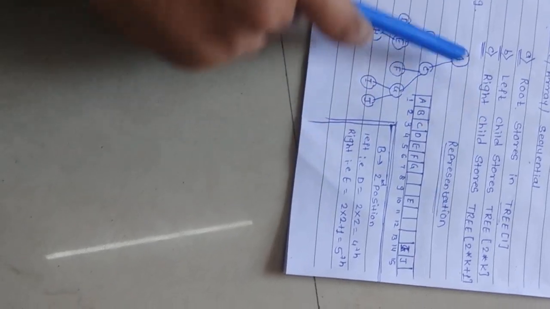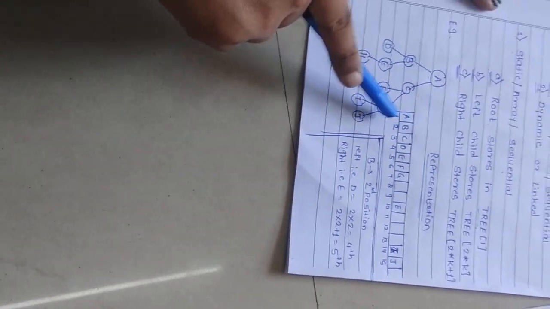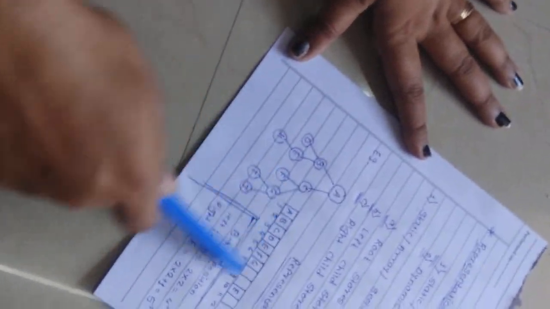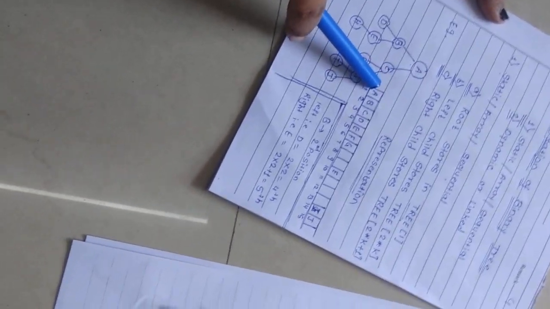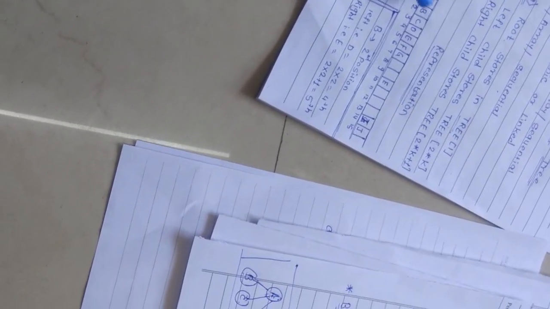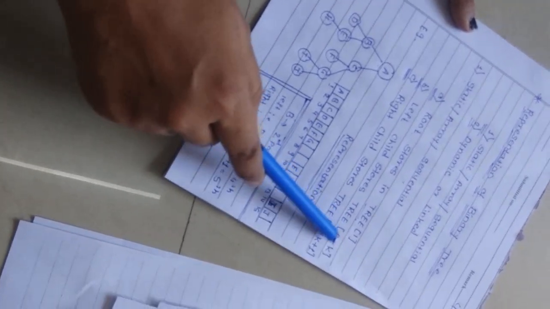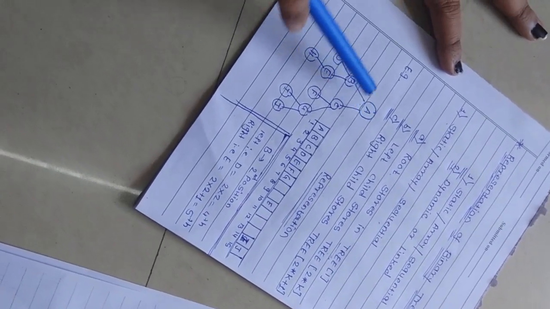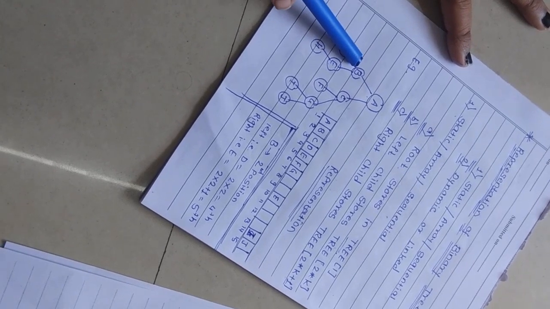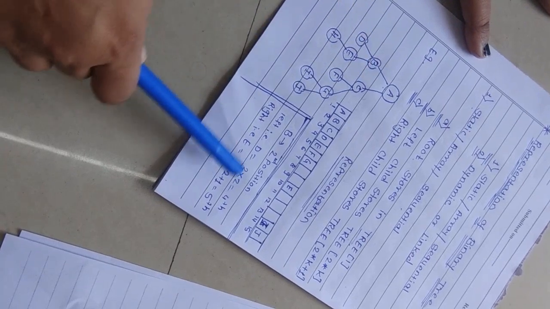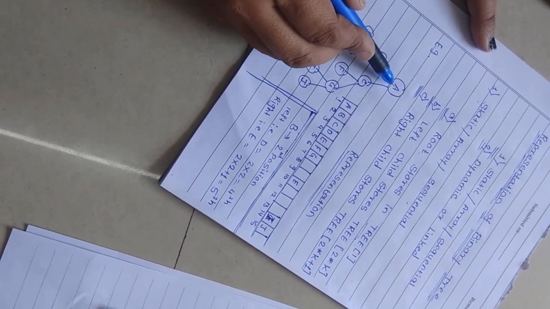Look at this figure. I told you that A is stored at the first position. Here is the array of 15 elements from 1 to 15. In the first position, I store A because A is the root and the root is always stored in the first position. Now, according to the rule, the left child is stored at the position of 2 into K. The left child of A is B, and B is stored at the position 2 into K, that is 2 into 1.